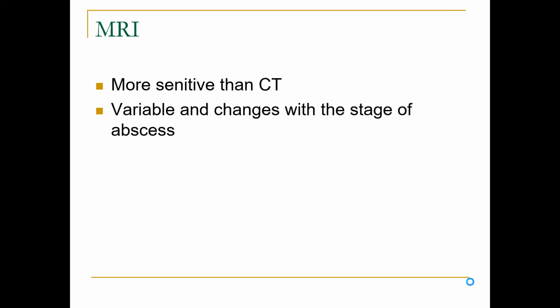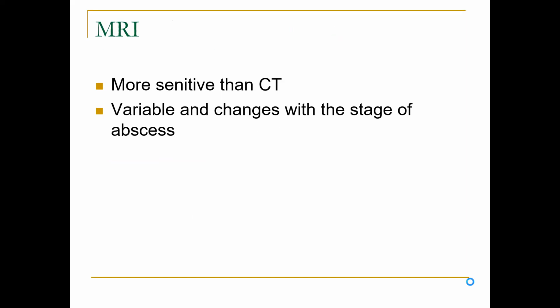MRI is more sensitive. As we know, for anatomy we do CT scan, but for soft tissues, we do MRI. MRI is more sensitive than CT scan, with variable changes with the stages of abscess, like I mentioned before. If we do MRI in the early stages, we cannot see the capsule, right?